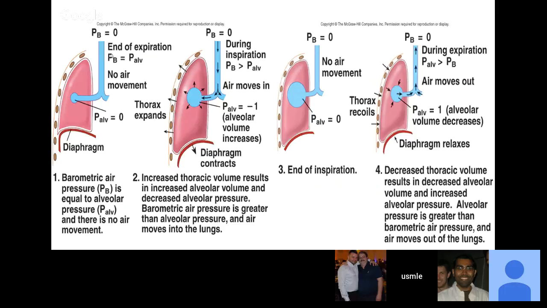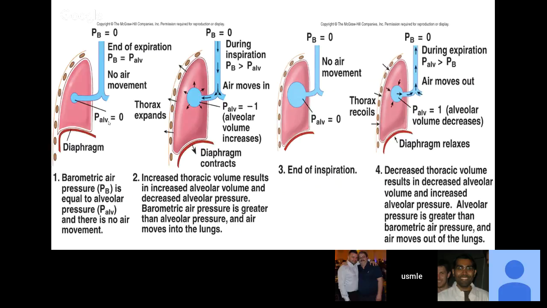Normally the barometric pressure should be the same as the pulmonary alveolar pressure, alveolar versus the external, so barometric pressure. Obviously there's no air going in or going out, so the pressure within the alveoli is going to be 0. There's nothing going on.